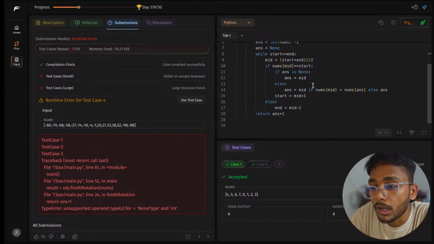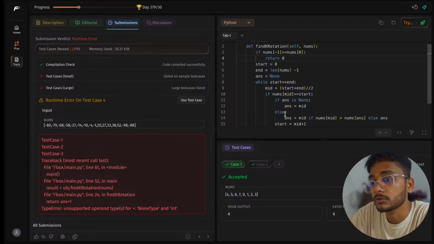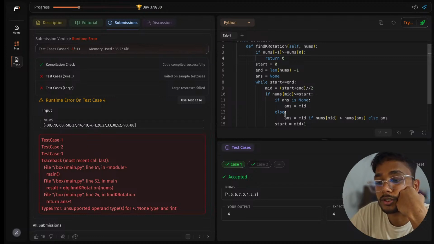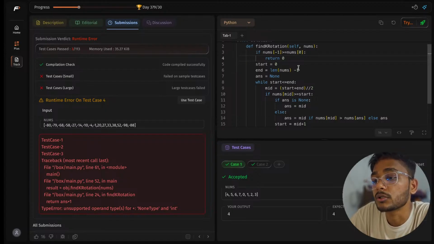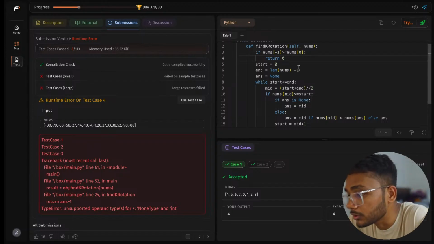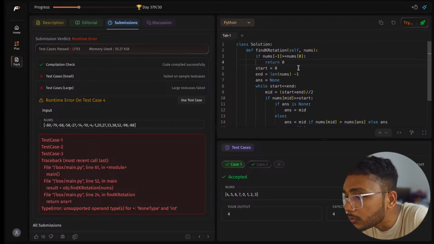I mean, when answer... okay, let me see it. So, what could be the worst case? If nums of -1 is greater than or equal to nums of 0, that means all are sorted numbers. Start equals 0, this number. 7, 9, 14, 10, -4, 20. Hey, what is this?